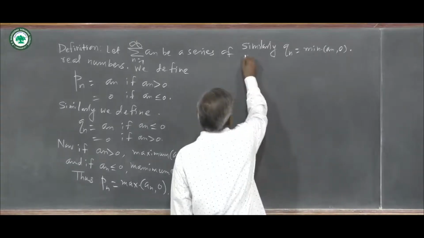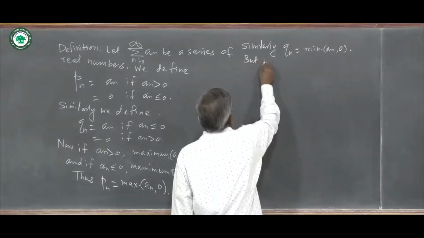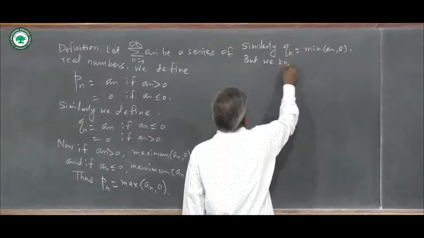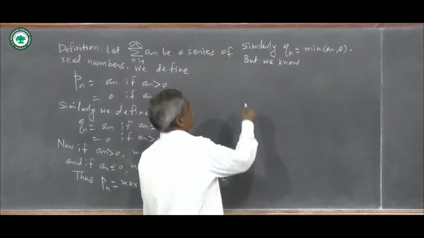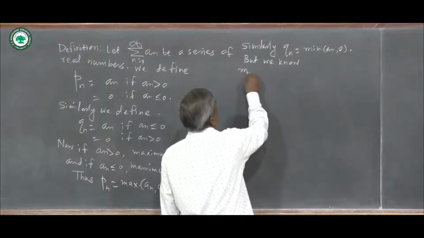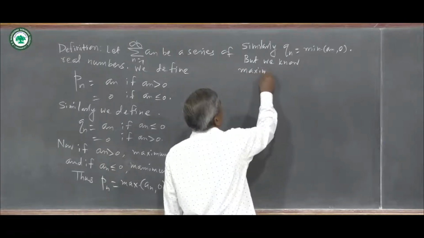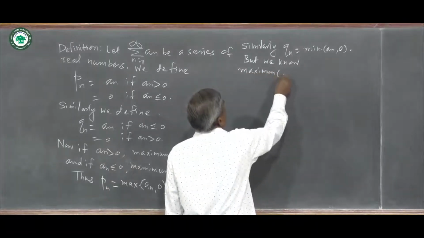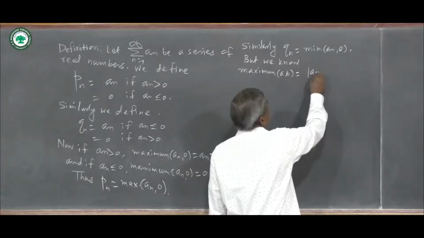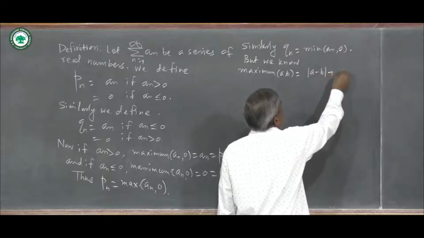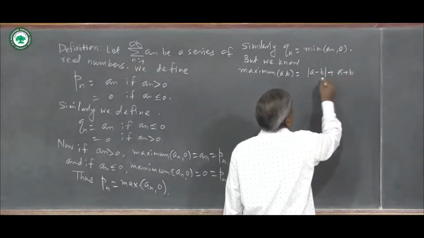But we know the maximum of A, B is equal to mod of A minus B plus A plus B, upon 2.